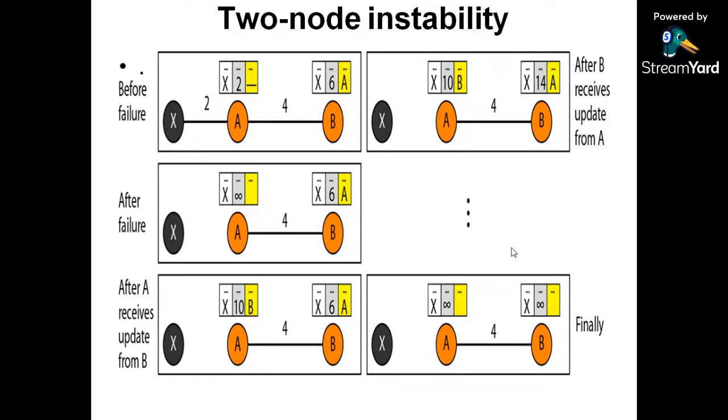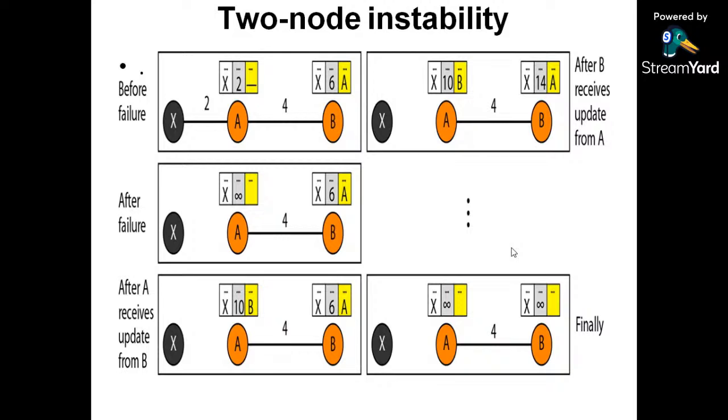After b receives the update from a, it is 6, and returning to a again it is 10. After failure, x doesn't know this distance, so it can be described by b. After a receives the update from b, a gives an update, so that value changes.